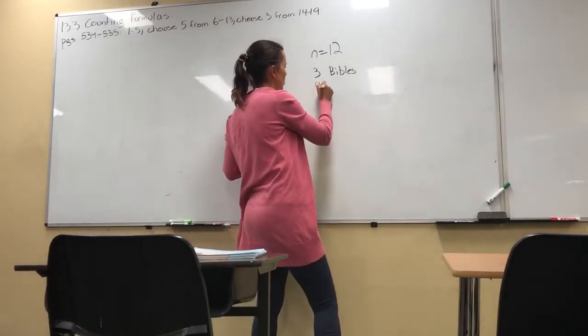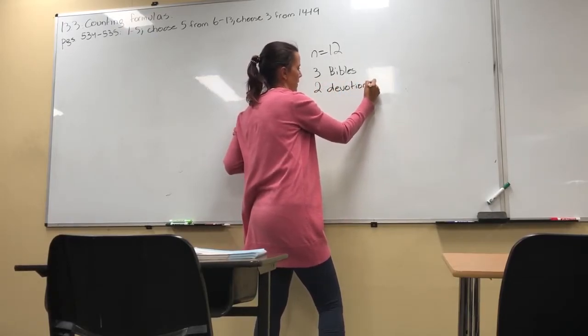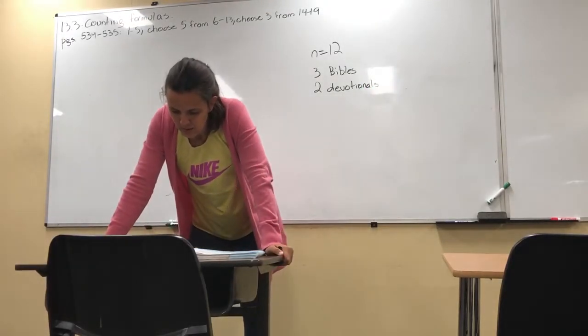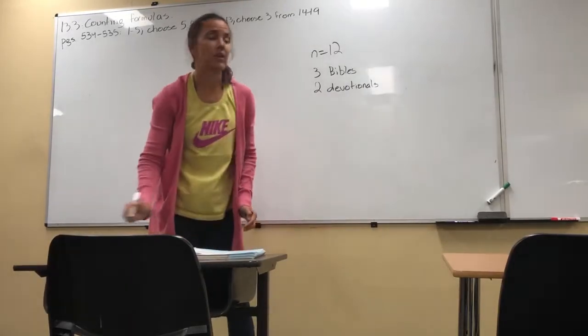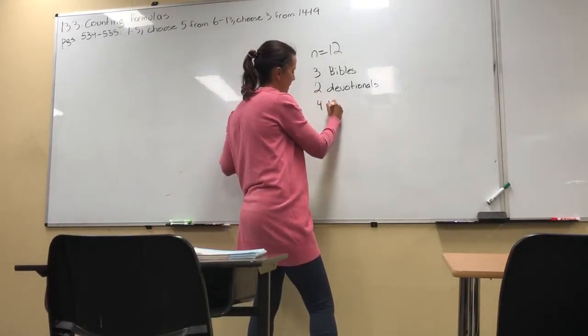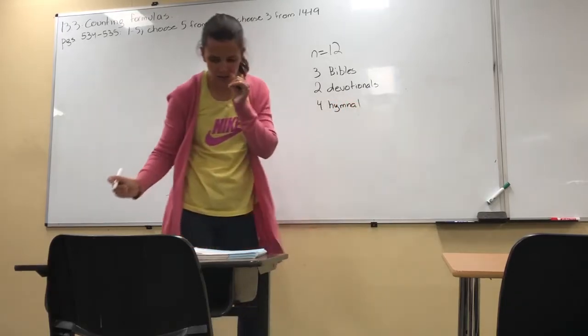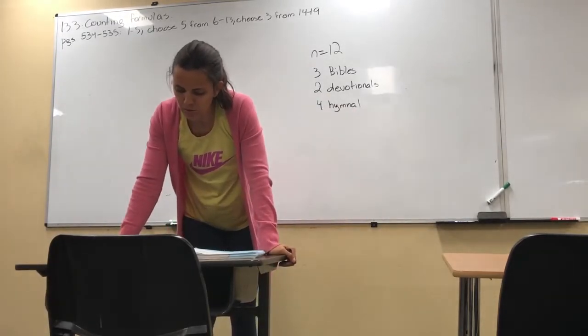So 2, I'm just going to put devotionals. Let's see. A Bible atlas, again, there's just one, and 4 copies of the family's favorite hymnal. So now they want to know, find the number of arrangements possible on the shelf.